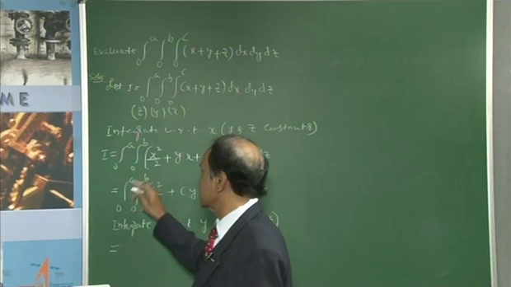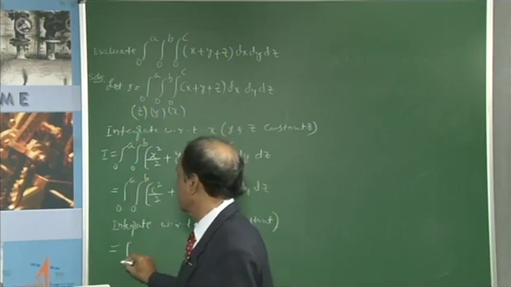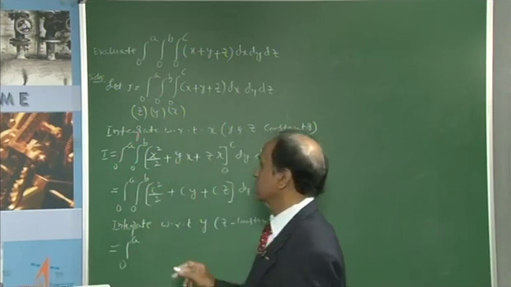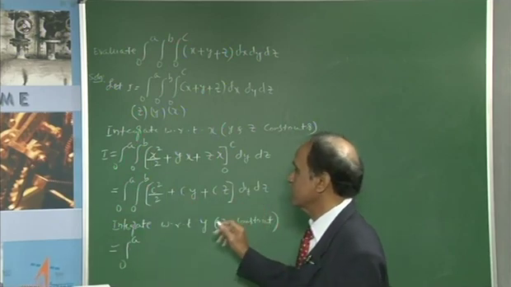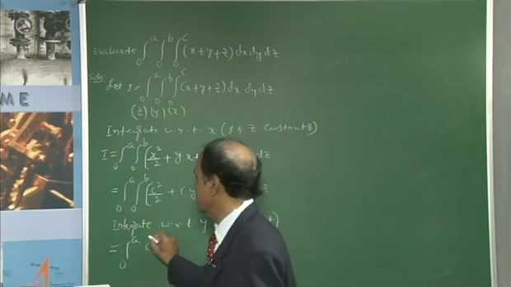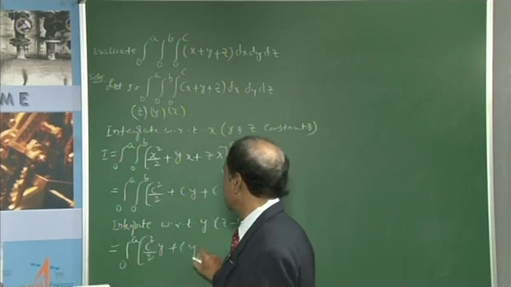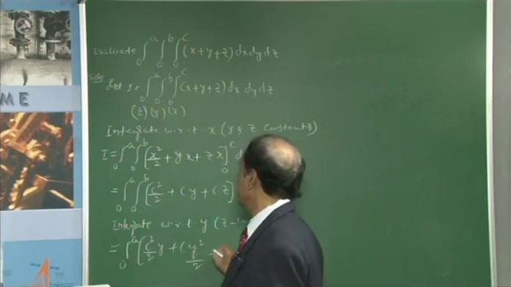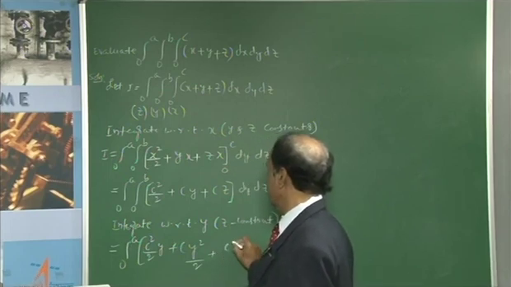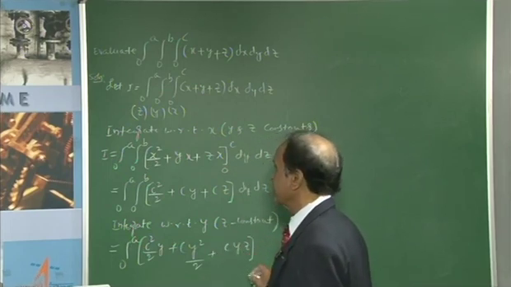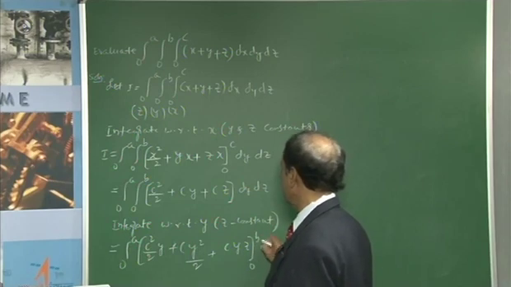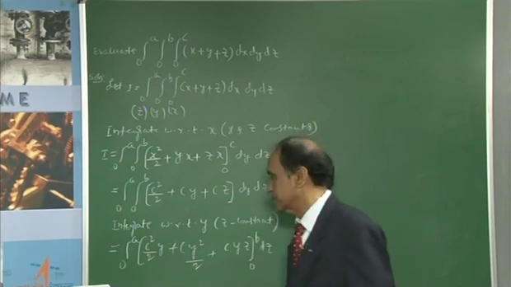Then this is 0 to a, 0 to a, then you will integrate with respect to y, keeping z as constant, which should be c square by 2 y plus c into y square by 2 plus c into y into z between the limits 0 to b, and dz.